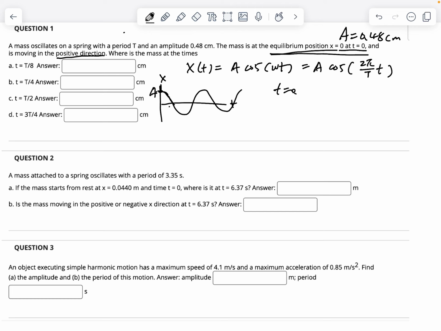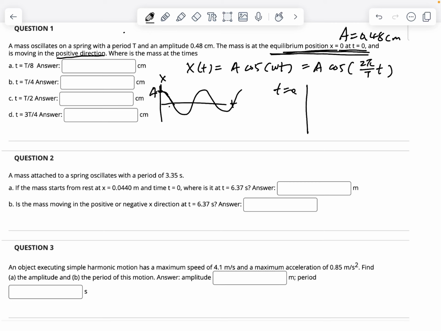But this is different from this initial condition, which tells you that at t equals 0, x is 0 and is moving in the positive direction. So definitely it's not this curve.